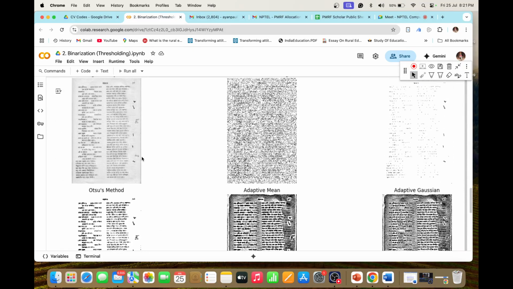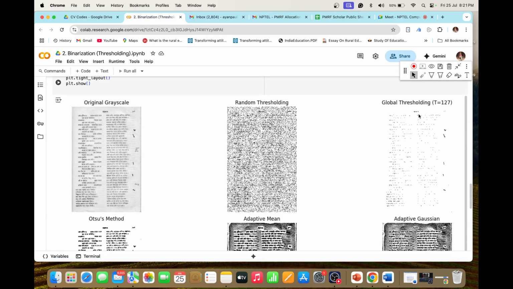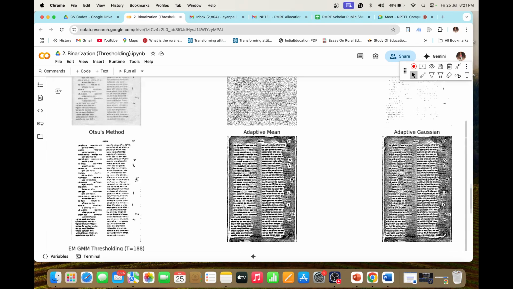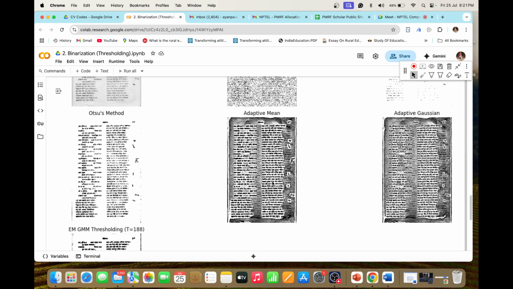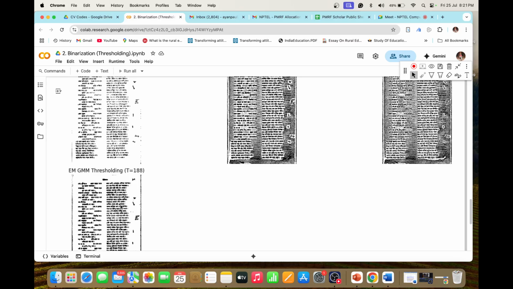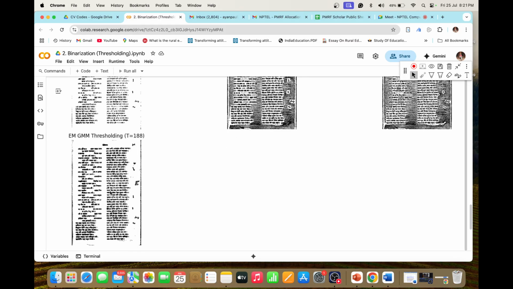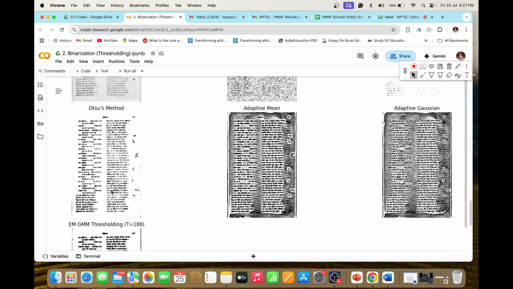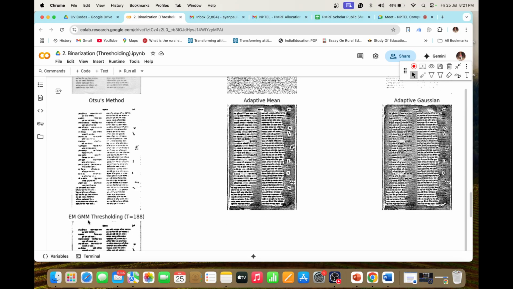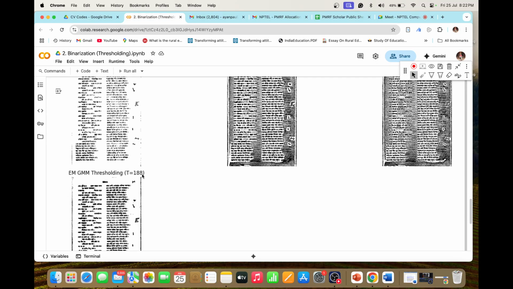Okay, so this is how we are doing the thresholding. With t equal to 127, this is how our image looks. Then by the Otsu method, and by the GMM, that is the expectation maximization algorithm, this is how our image looks. The threshold that is coming from the Otsu method and expectation maximization is 188.